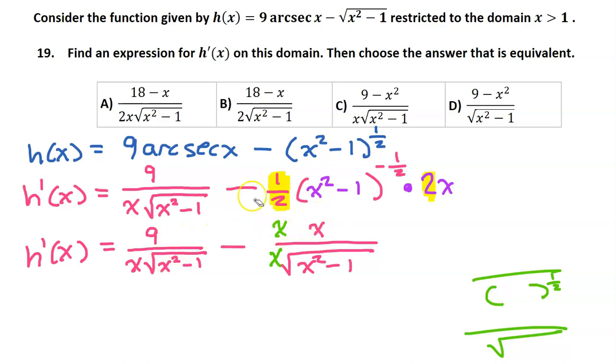So I really can go ahead and look up here and see what the answer is going to be, because I'm going to have 9 minus x squared over this common denominator. So right away I see the 9 minus x squared in choice C and D. So which one has x radical x squared minus 1? Well, that's option C. So option C is the answer.